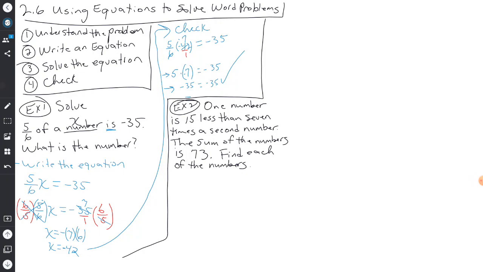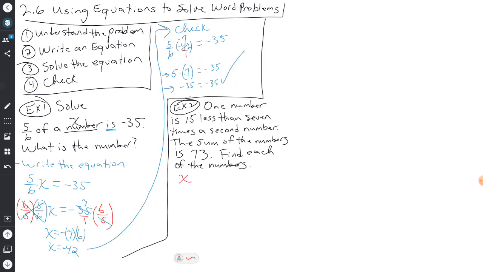We have two numbers here. I did 7x minus 15x. One number is 15 less than 7 times a second number. So let's start out with a variable.